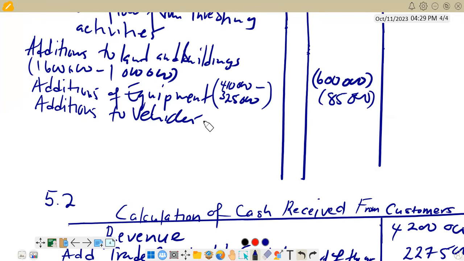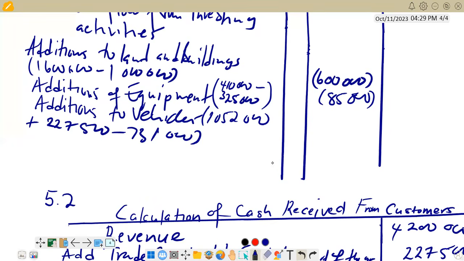We can say 1,052,000, we add 227,500, and then we subtract 731,000. So when you calculate that, you are supposed to get 548,500. Remember, this is a purchase, so we show it in brackets.